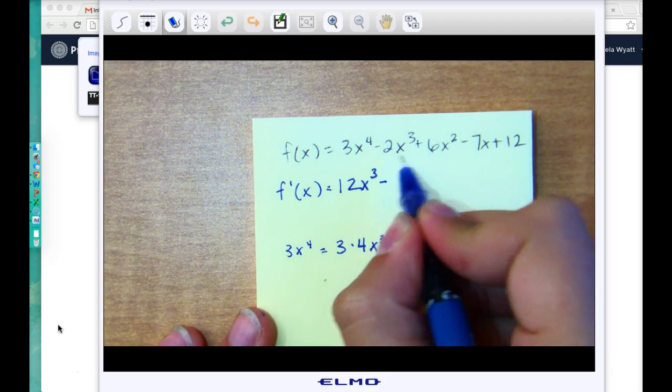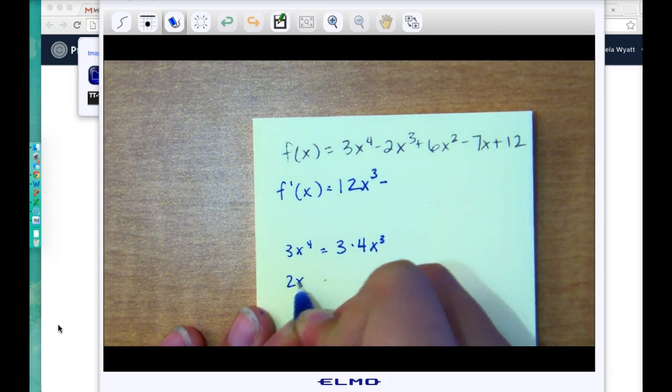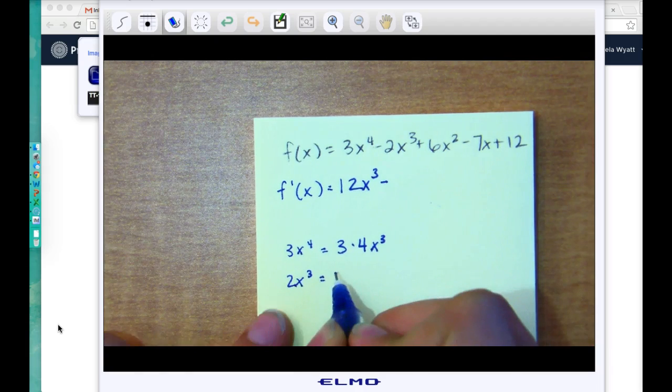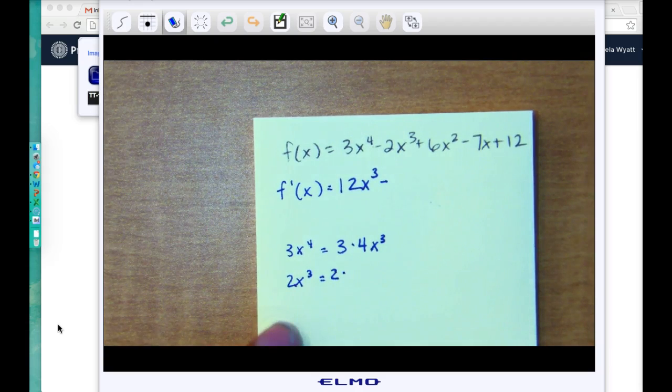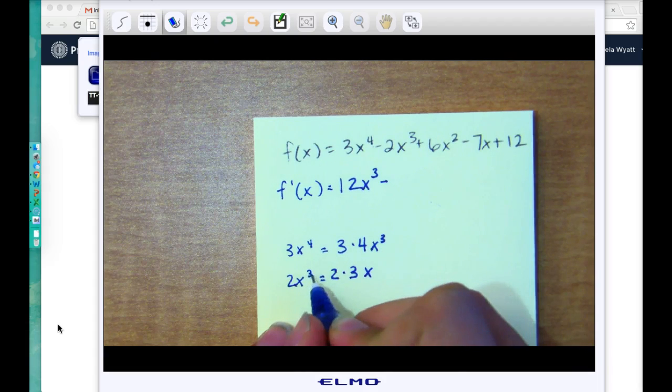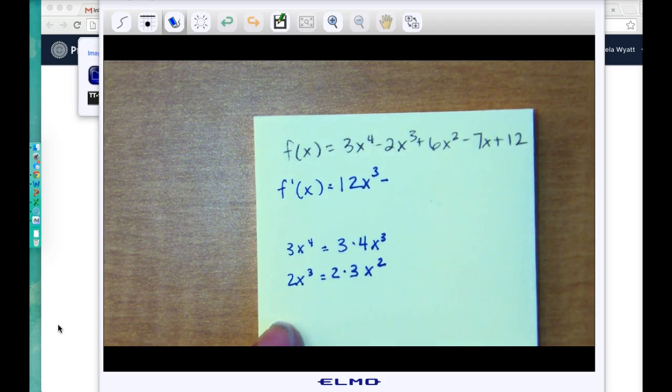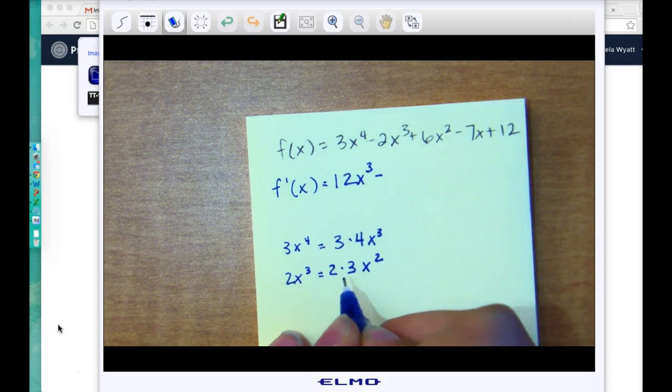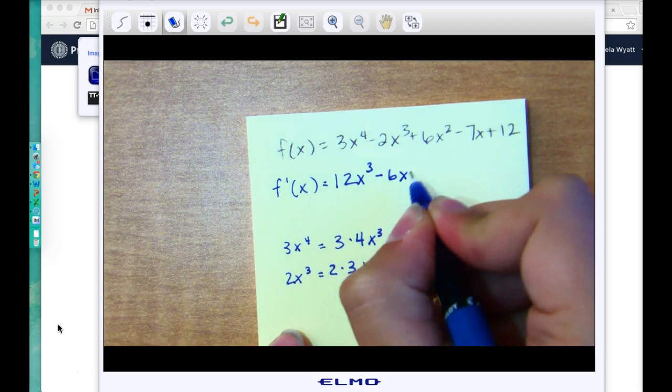Minus, and now I look at my next one, 2x to the third. I keep my constant out in front, 2 times, and apply the power rule. The 3 comes down, x to the 3 goes down to a 2. This simplifies to 6x to the power of 2.